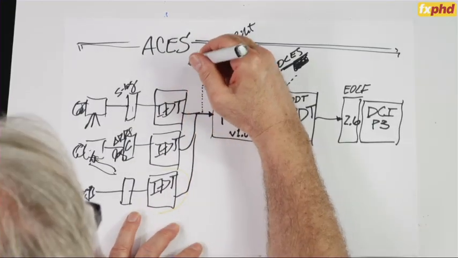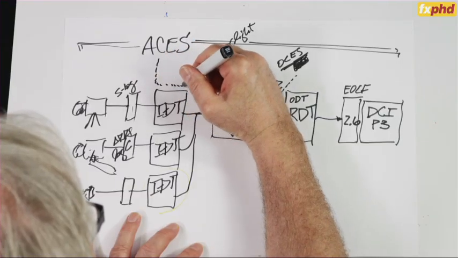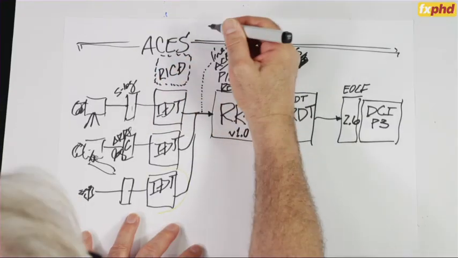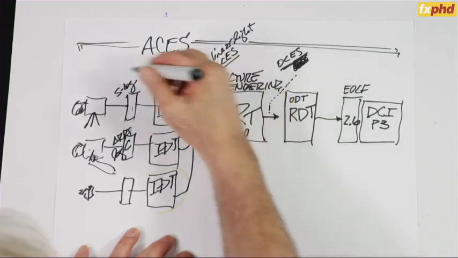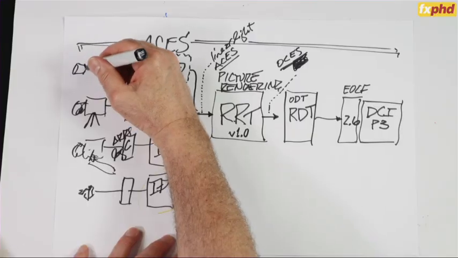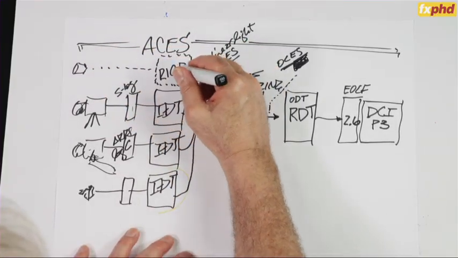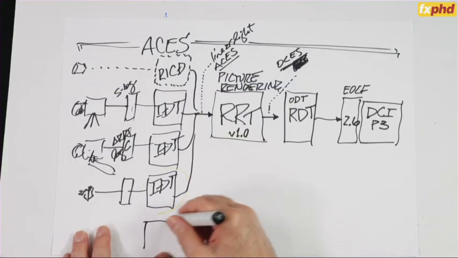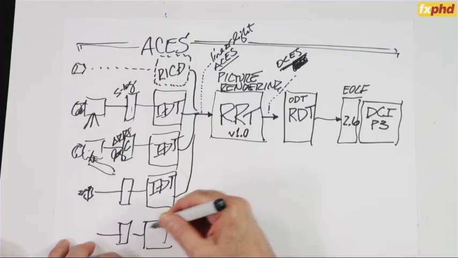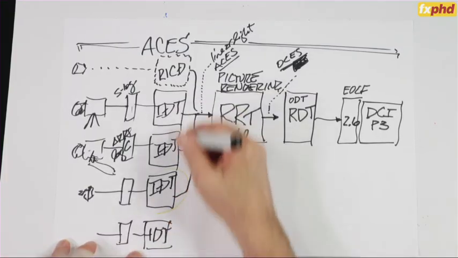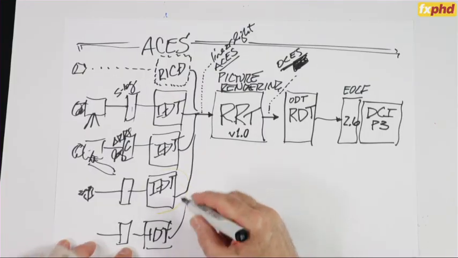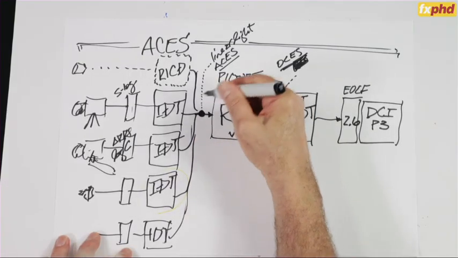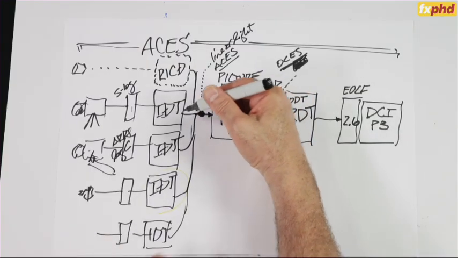Now, there's also a theoretical reference input capture device, which I'll put in dotted lines, and that delivers ACES space directly from the scene. So everybody tries to mimic the reference input capture device with their various IDTs. You may have a Canon IDT, or who knows, there are going to be large numbers of IDTs for different cameras. All of that information then gets normalized, and the idea is we're able to intercut among the cameras, making them look more or less the same.